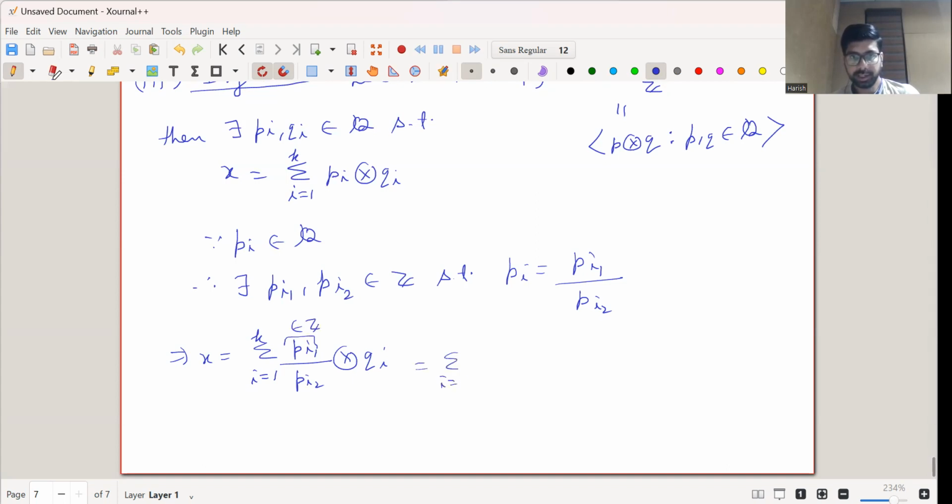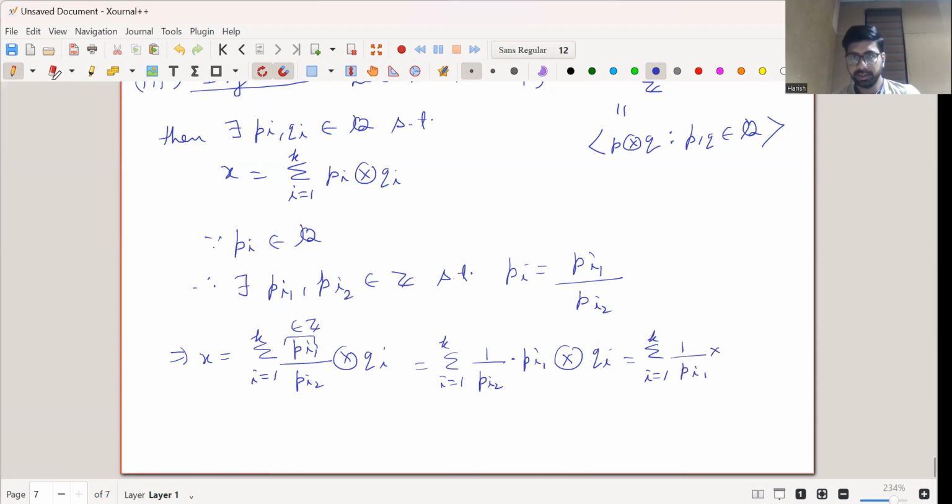This is 1 over p_i2 tensor p_i1 q_i. Now this p_i1 can be shifted to this side.